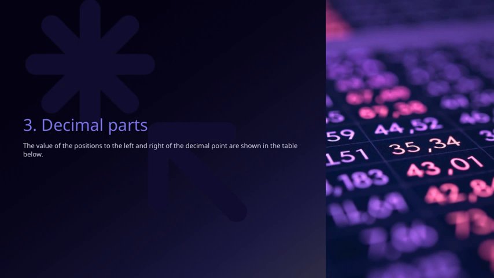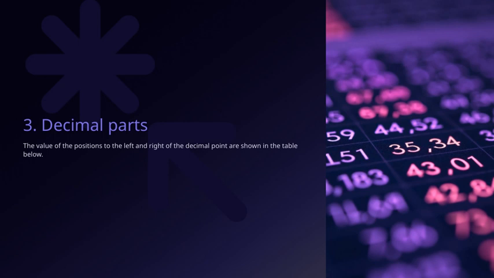Recognizing these positions is fundamental because it allows us to interpret and perform calculations with decimal numbers precisely. This understanding ties into the overall theme of mastering number systems, which is essential for a variety of mathematical and real-world applications.